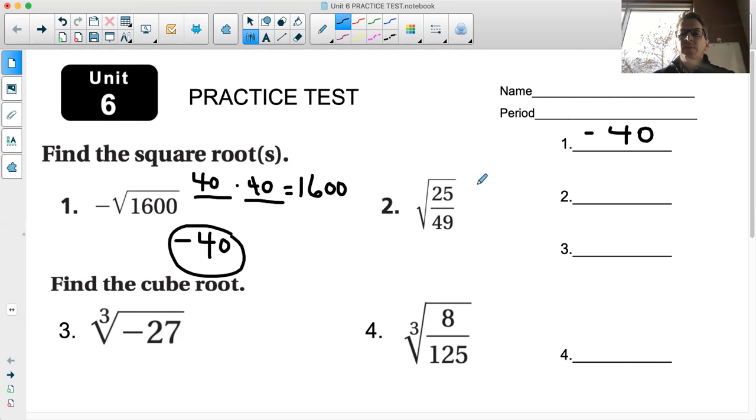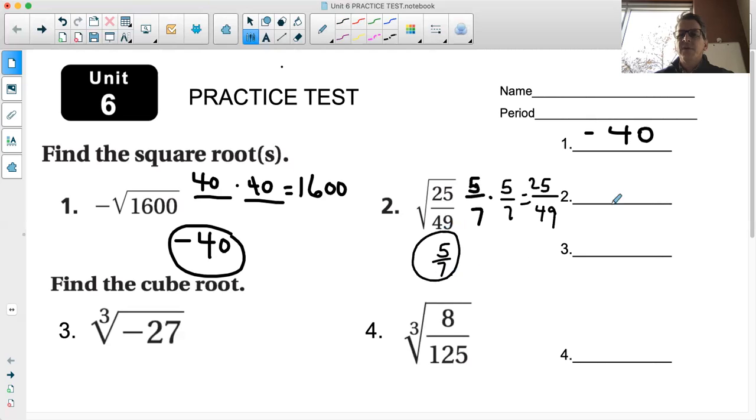So this is equal to 5/7, because 5/7 times 5/7 is equal to 25/49. So if we're looking for the square root of 25/49, your answer will be 5/7. You could circle your answer there, and also put your answer in where number 2 is, 5/7.